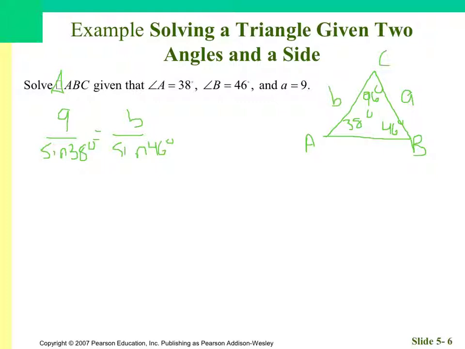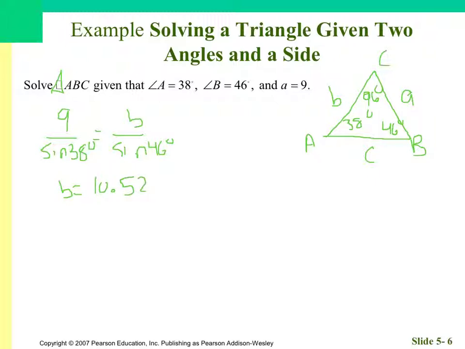Because here's b, here's c. Then you can just multiply by the sine. So you do 9 divided by the sine of 38. Make sure your calculator's in degrees. And then multiply that by the sine of 46. And you would get b equals 10.52.